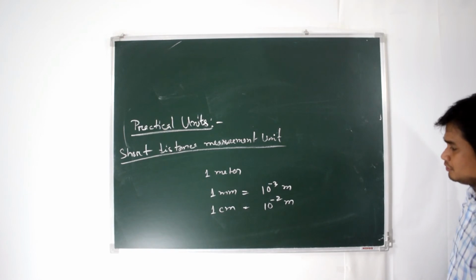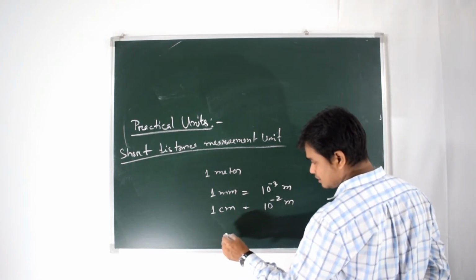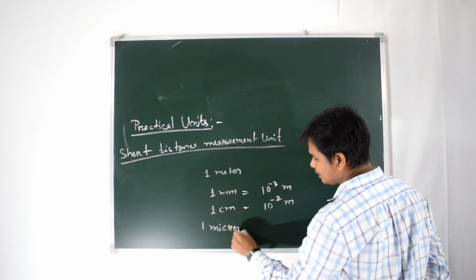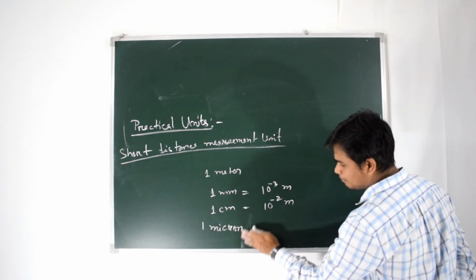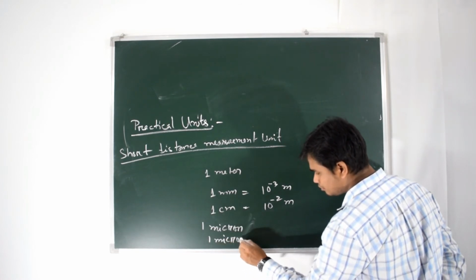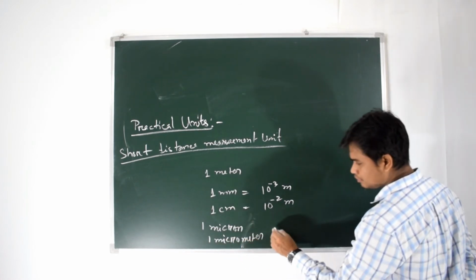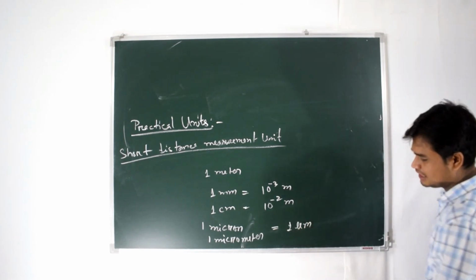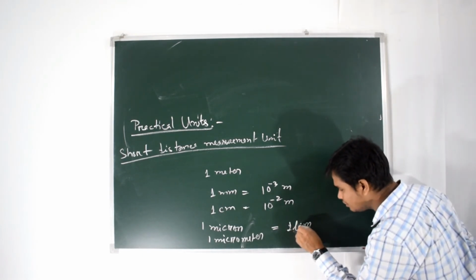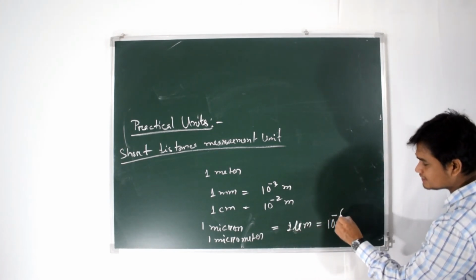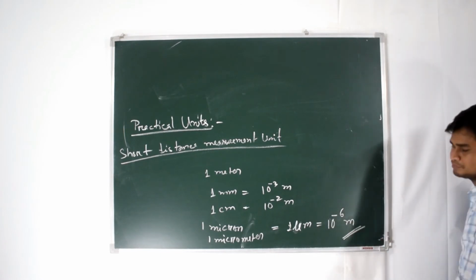These are the small units. After that we use 1 micron, or 1 micrometer. This is micron actually. 1 micrometer is equal to 10 to the power minus 6 meter.